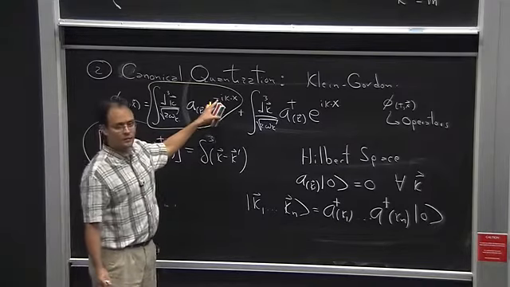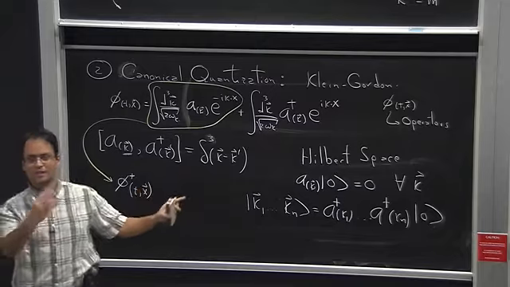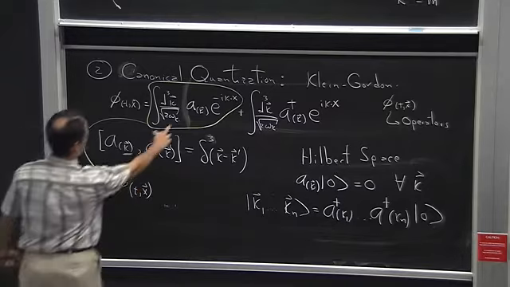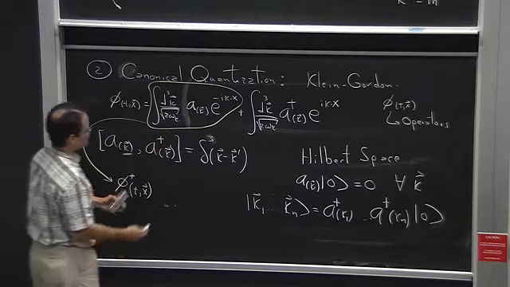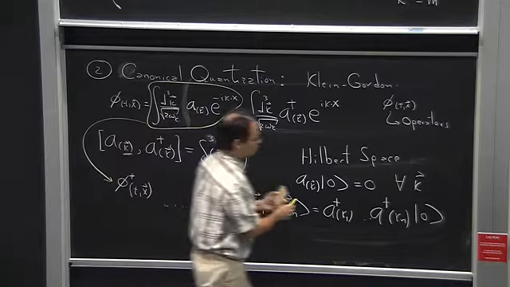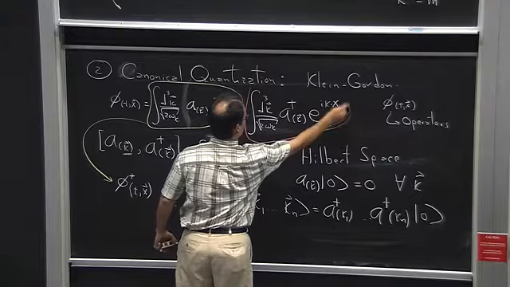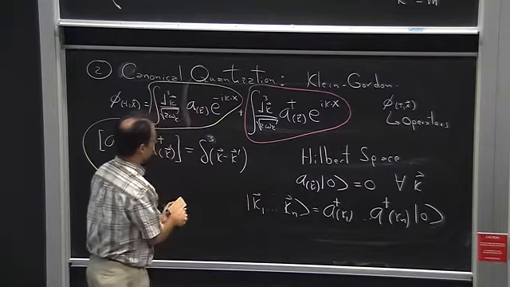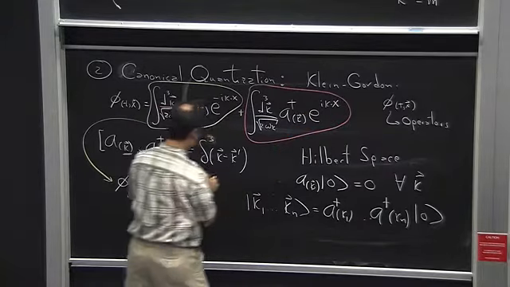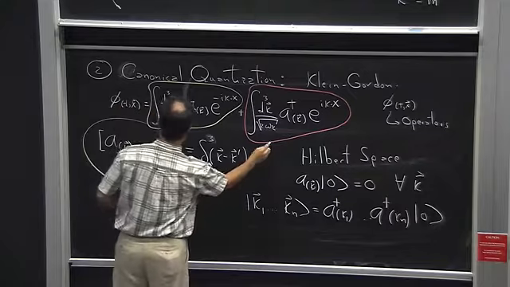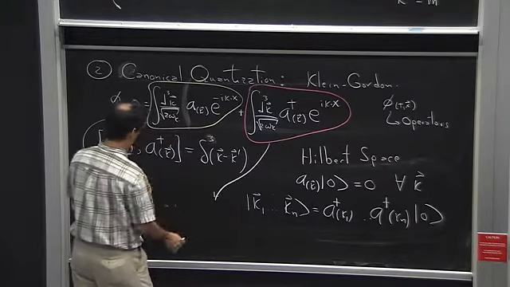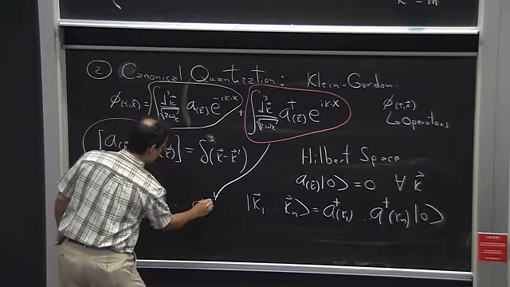In a sense, we can think about this as being a piece that has negative frequencies. So we interpret that as having annihilation operators. And this piece over here, which has the positive exponential, is called phi minus.